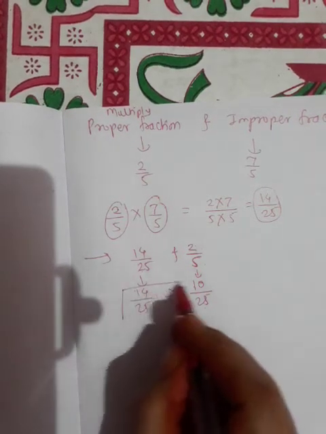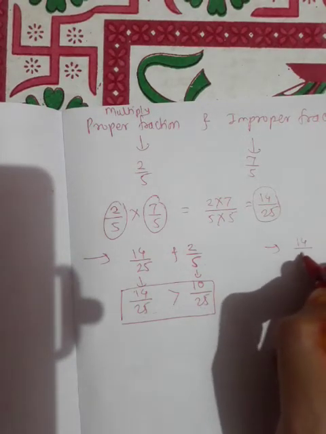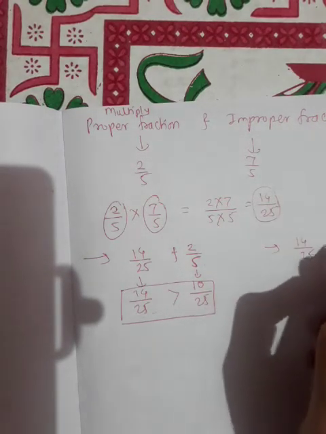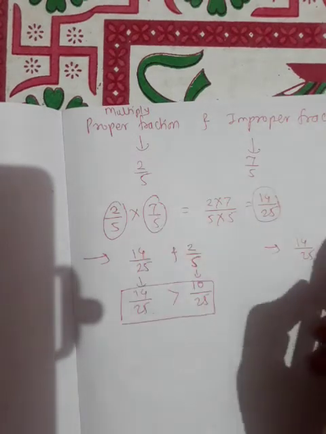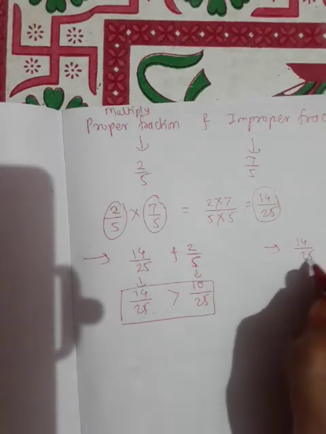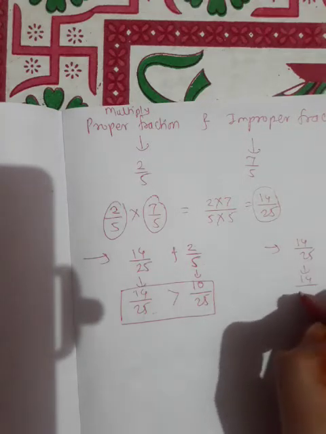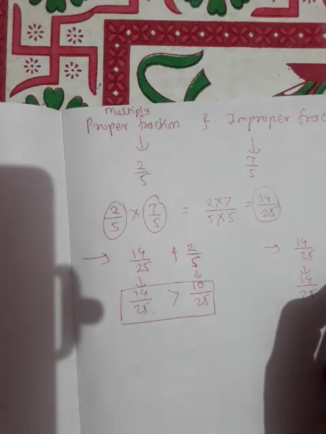Now see the relation between 14 by 25 and the second fraction 7 by 5. Here also the denominators are not the same. So to make the denominator 25, we have to multiply here by 5, 5 5s are 25.